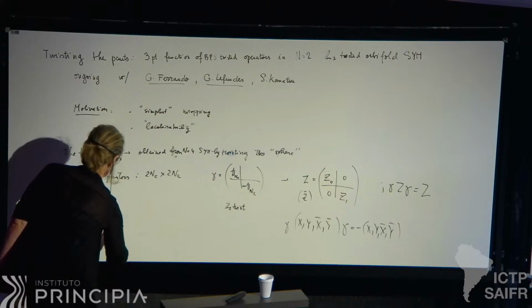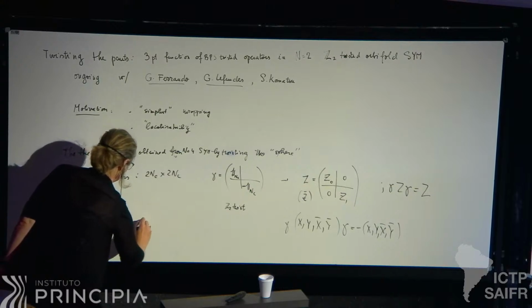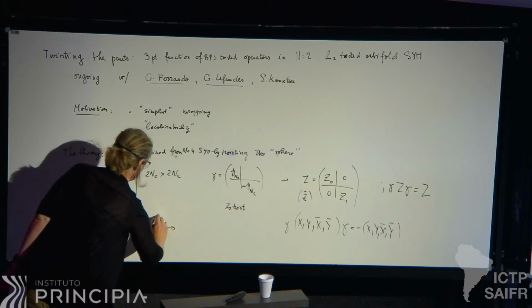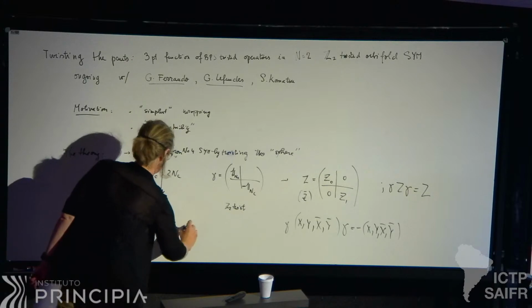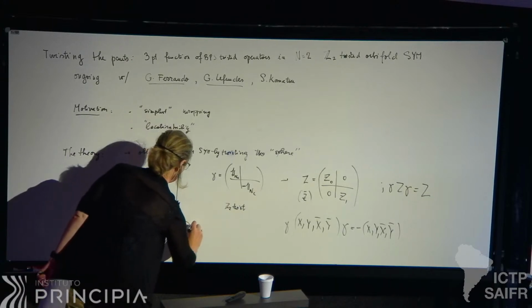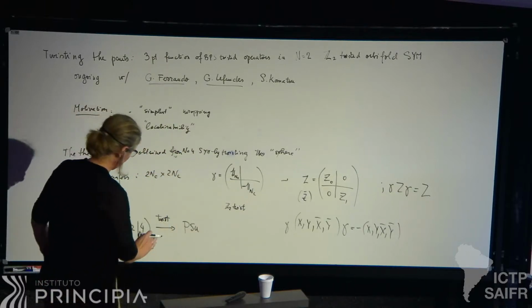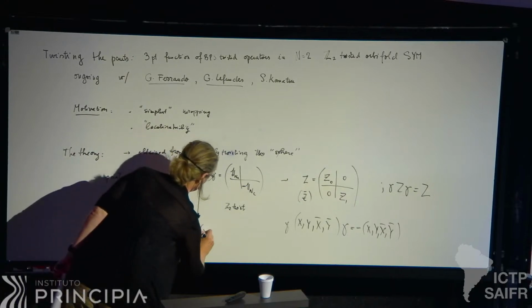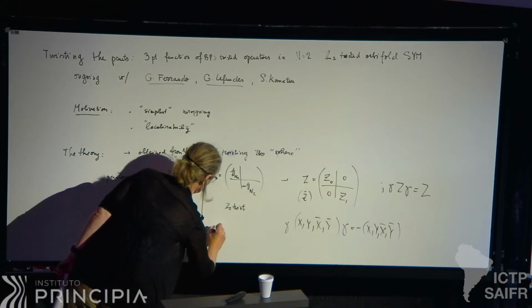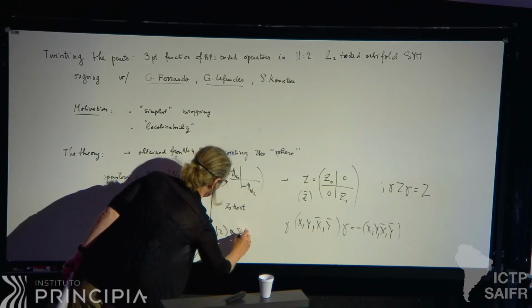So if for N equals 4, we have the symmetry given by PSU(2,2|4), by twisting we reduce the symmetry to PSU(2,2|2) times SU(2).